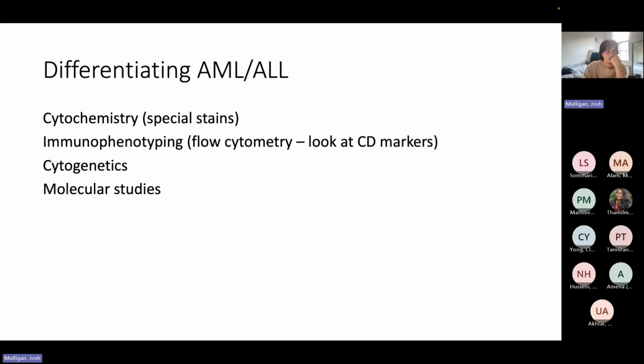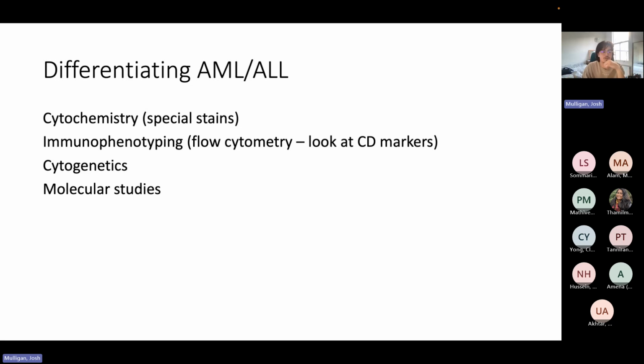Great. So we were speaking earlier about how specific these blood cancers can be. If you're trying to differentiate between myeloid and lymphoblastic leukemias, you basically want to find out the very specific cell type.